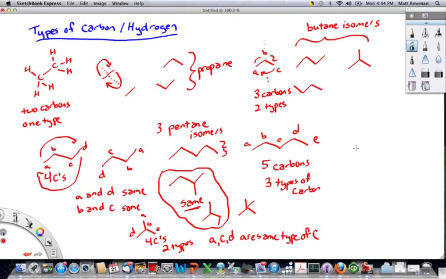Again, by symmetry, A and E are related to each other. B and D are related to each other. And C is left on its own lonesome. So here are basically the 3 types of carbons in pentane. We have A, B, and C. And so if we add a carbon to any of these, we'll get different isomers of hexane.